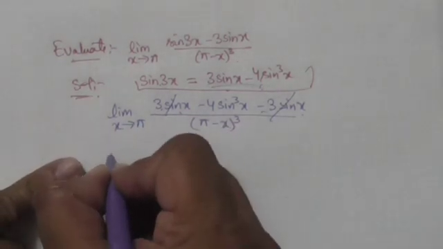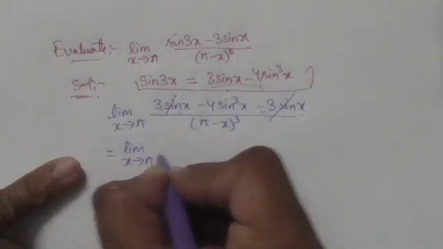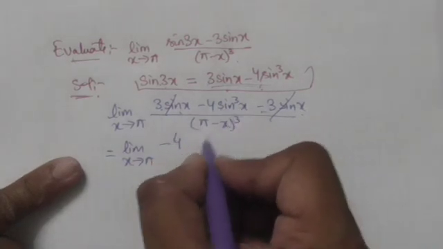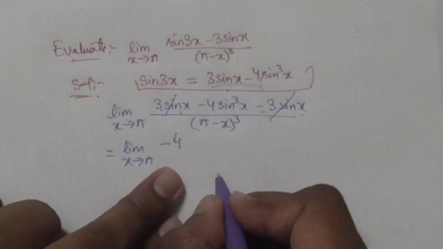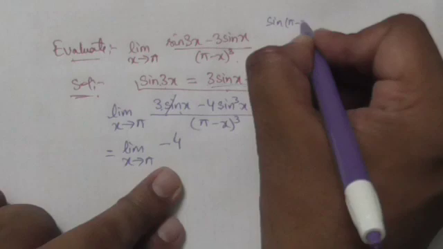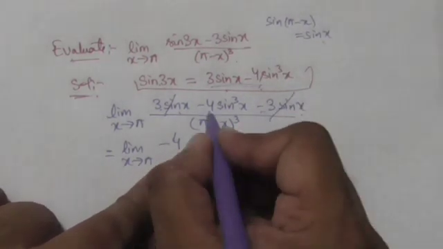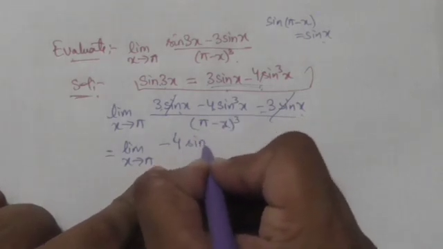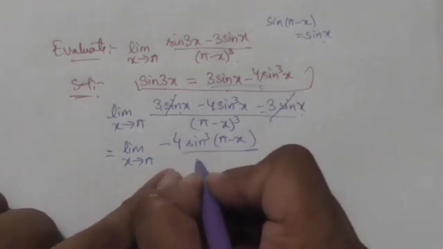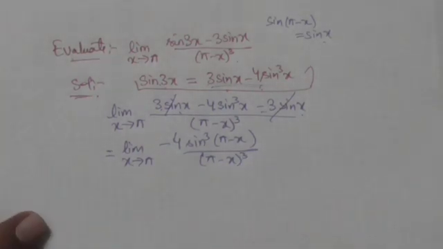Now what I have here is limit of minus 4 sin cube x, right? As I told you before also, sin(pi minus x) is equal to sin x, right? So we can write it like this: sin cube(pi minus x) upon (pi minus x) raised to power 3, right?